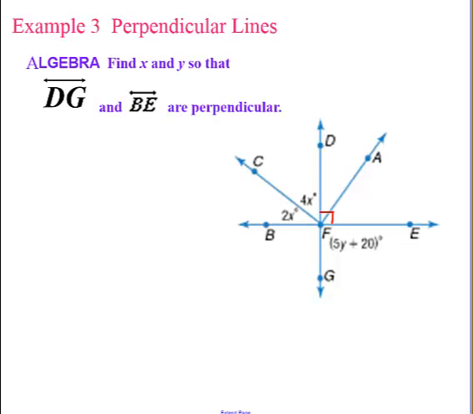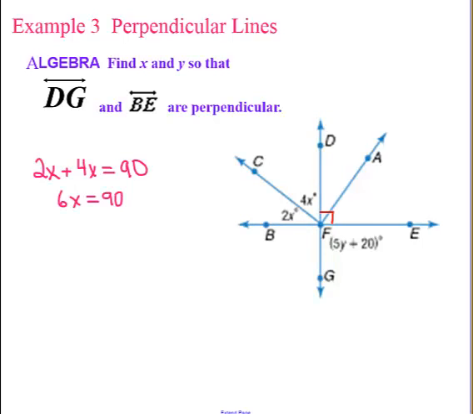So then I will know how to set up my equation. If I want to solve for x, since angle DFE equals 90 degrees and DG is perpendicular to BE, angle DFB would also have to equal 90 degrees. So I could set up an equation, 2x plus 4x equals 90.